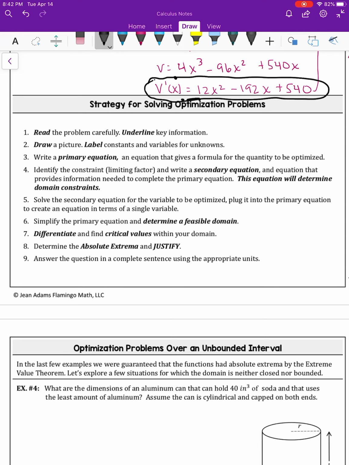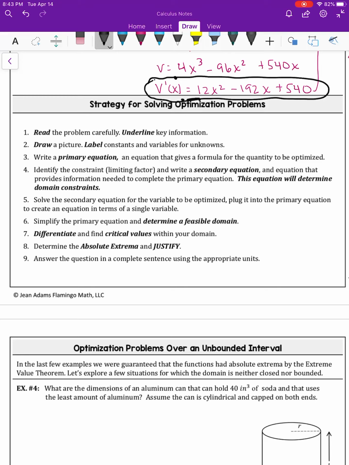Label the constants and variables for unknowns. So you're going to have things that don't change, like the length of a ladder. If a ladder is sliding down a wall, the ladder's length is not going to change, but the ladder's distance away from the wall will change.